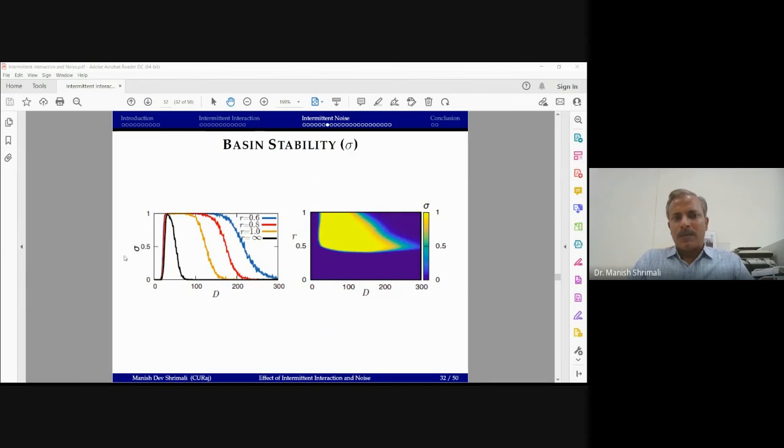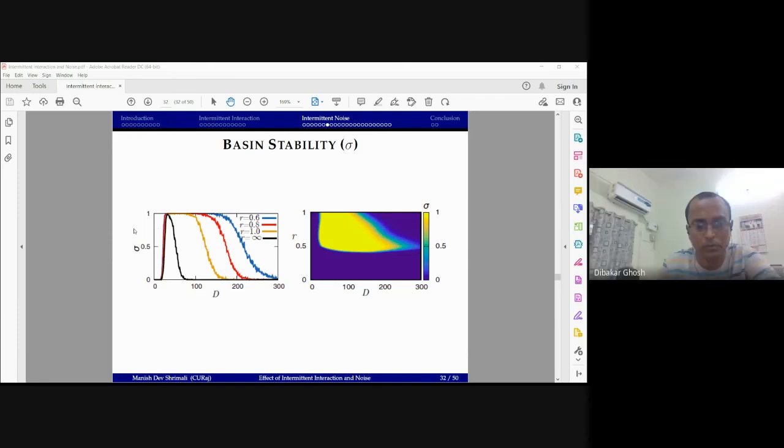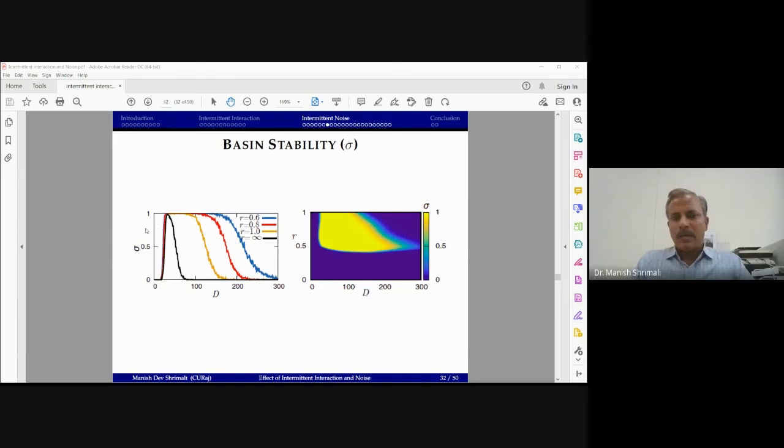After that, the system goes unbounded, most of the initial conditions are not synchronized, and the basin stability is small. But when you consider the restricted noise, this basin stability region is increased, and you have a larger noise density where you can achieve the synchronization. So there is a huge difference.